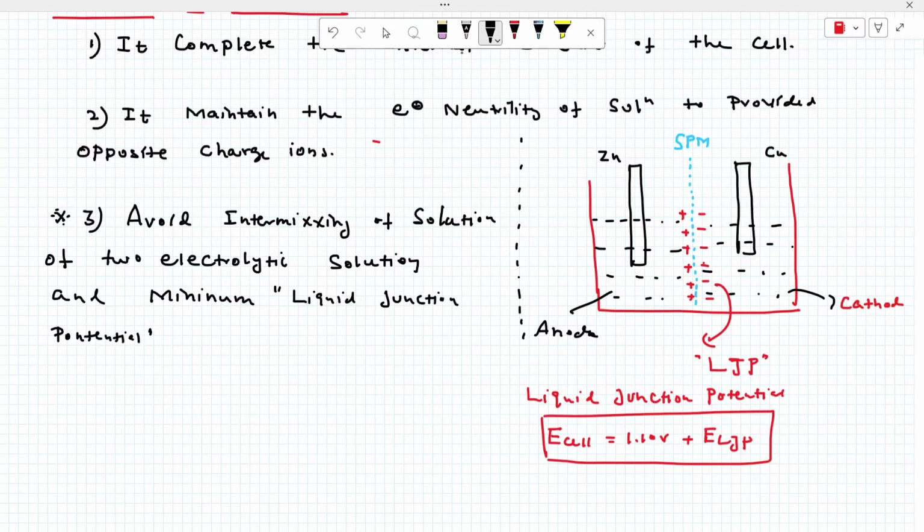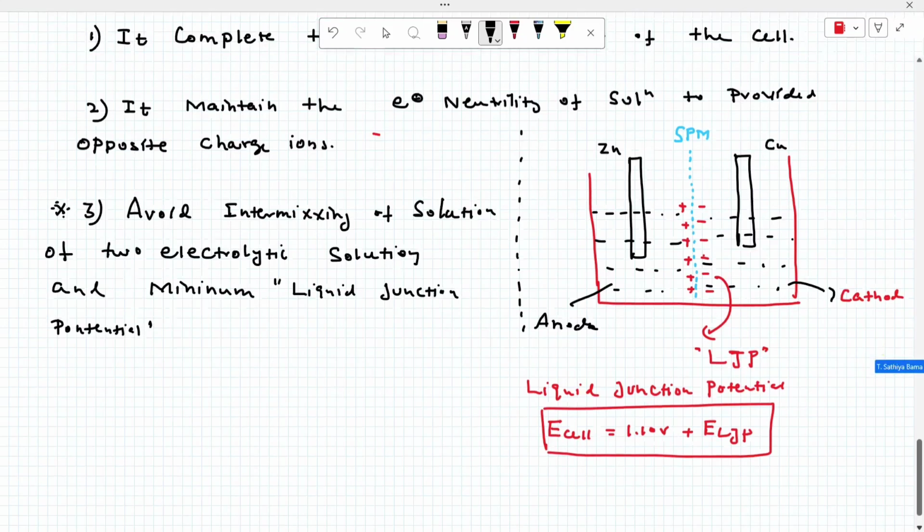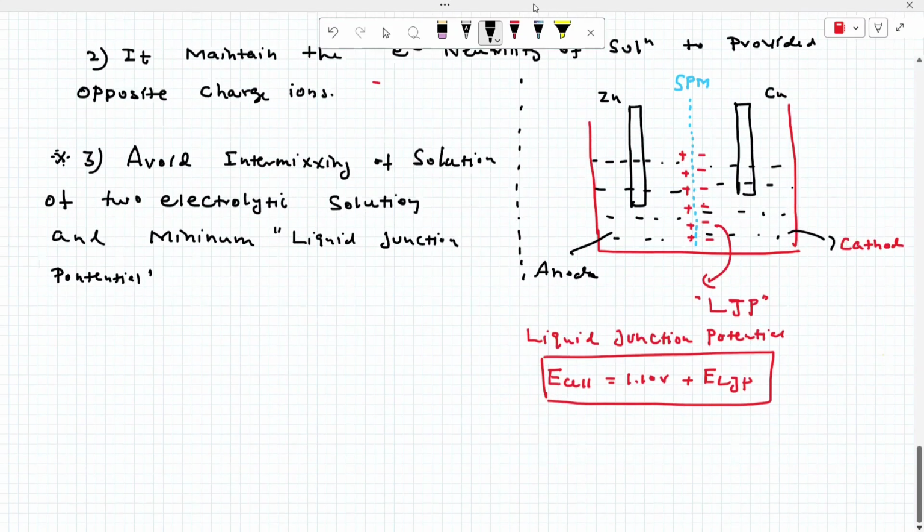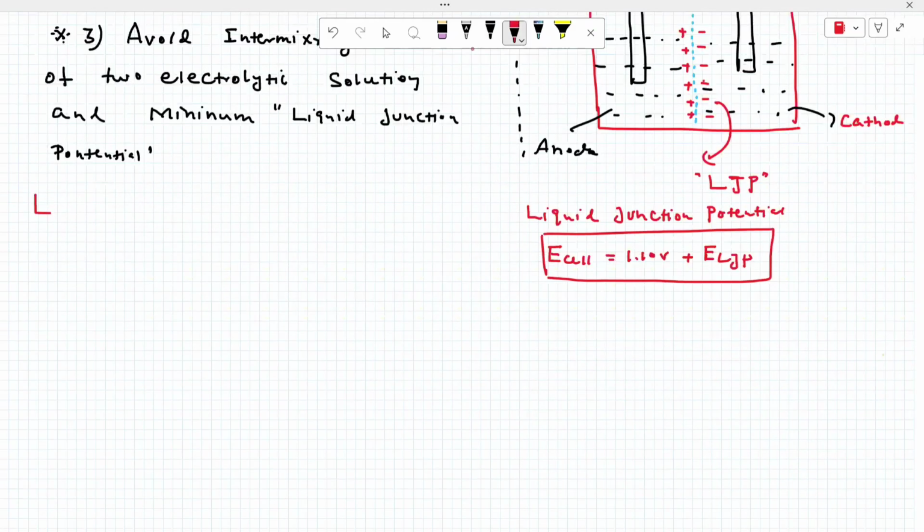Okay. Now we'll see what is LJP. Please know. Write the definition. Liquid junction potential.